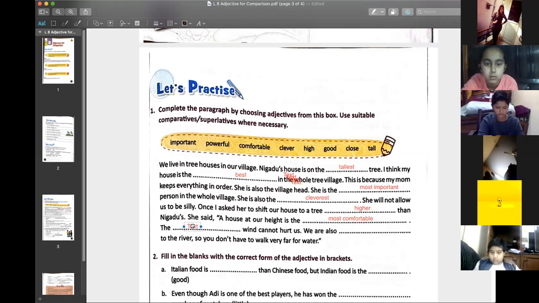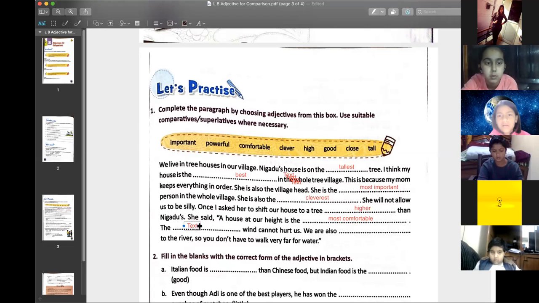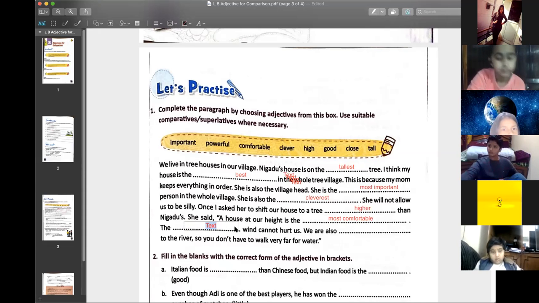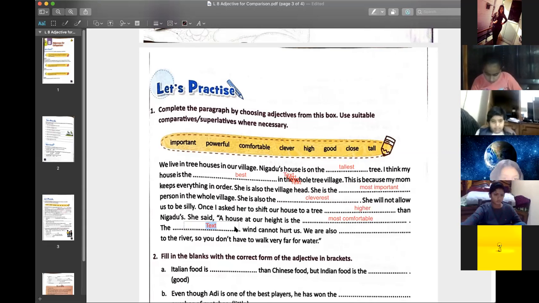The dash wind cannot hurt us. Tanishq. Yes, ma'am. Answer. The dash wind cannot hurt us.